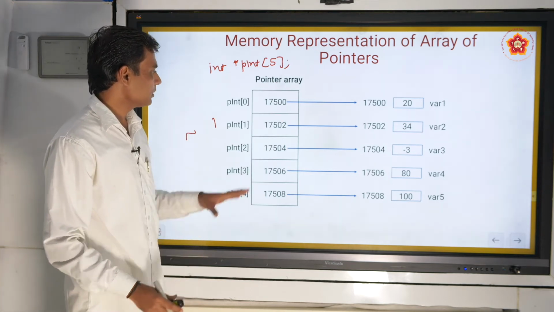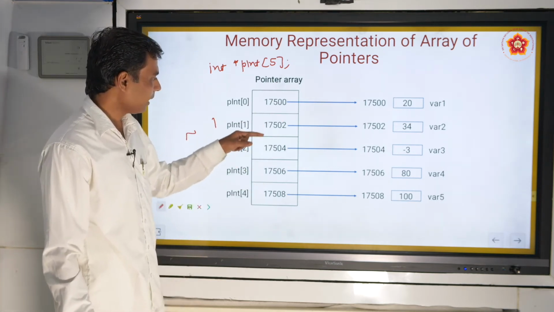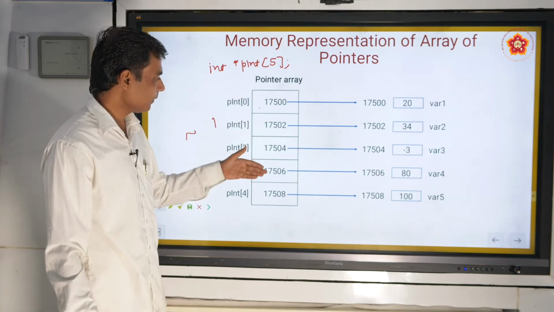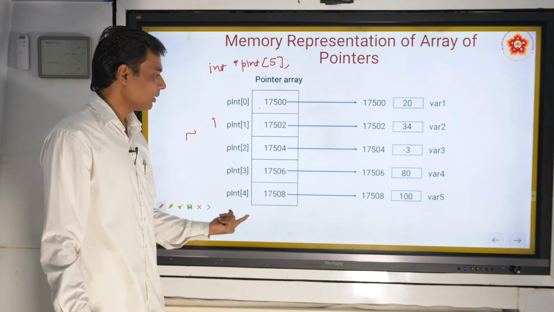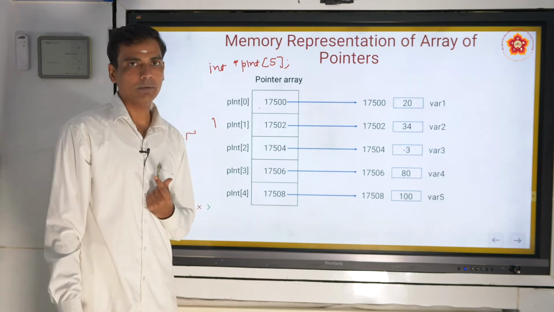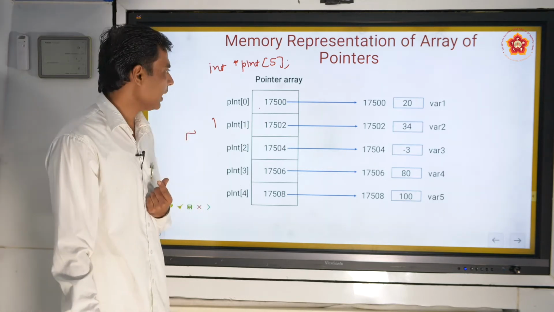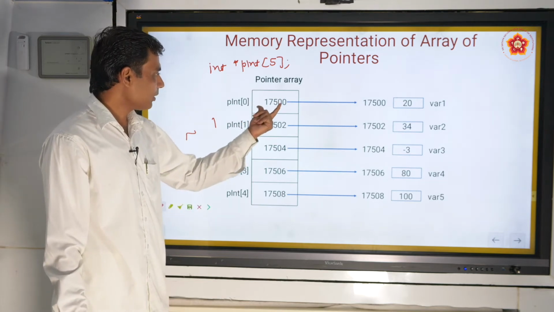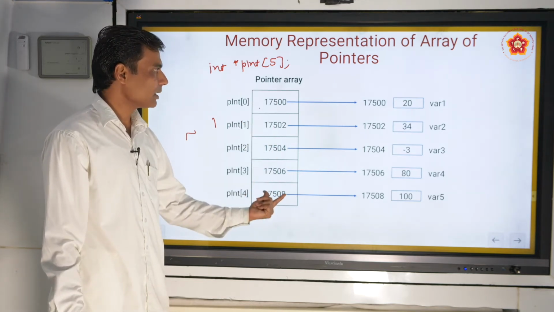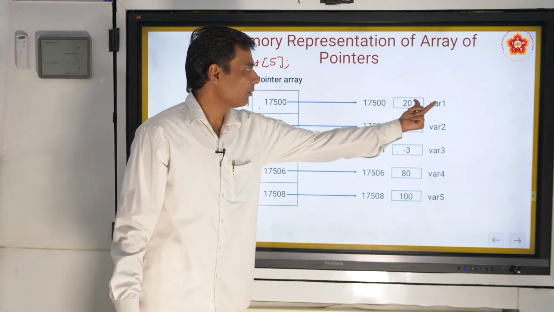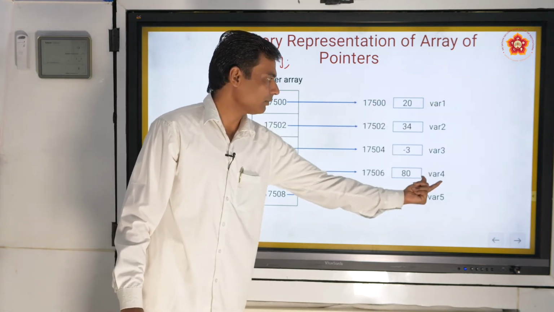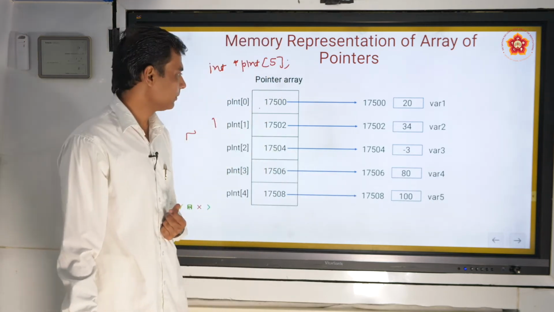What happened in this pointer array? Array means 1, 2, 3, 4, 5 locations. 5 locations we have reserved, and these represent the index, or we can call them the subscripts of the array. And what are the values? These are the values stored in this array. These values are nothing but the addresses of variable 1, variable 2, variable 3, variable 4 and variable 5.